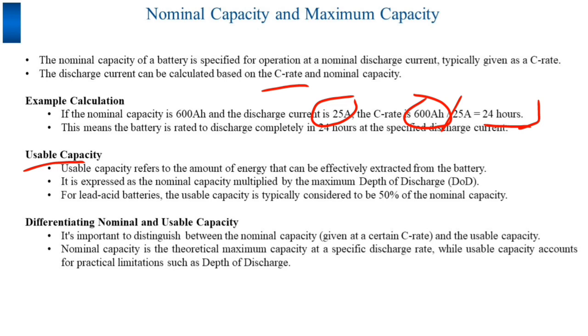It is basically expressed as the nominal capacity multiplied by the maximum depth of discharge, or DOD. For lead acid batteries, the usable capacity is usually 50% of the nominal capacity. Here you can see 50% of the nominal capacity.